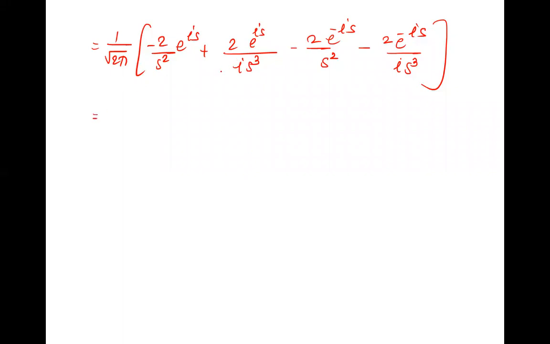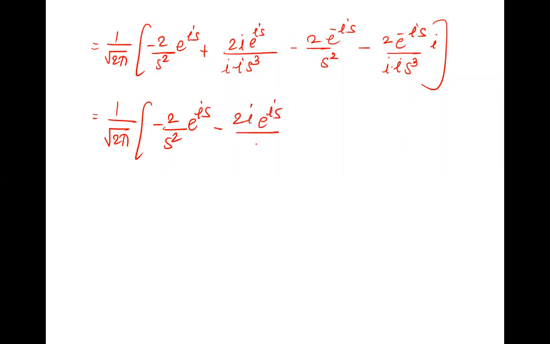So here is i, so I'll multiply by i and divide by i. One more here is in the denominator, so divide by i and multiply by i. So we get here 1 upon √2 pi, minus 2 by s square e raised to is. Here it is i square, i into i square, i square is -1. So it is minus 2i e raised to is upon s cube.